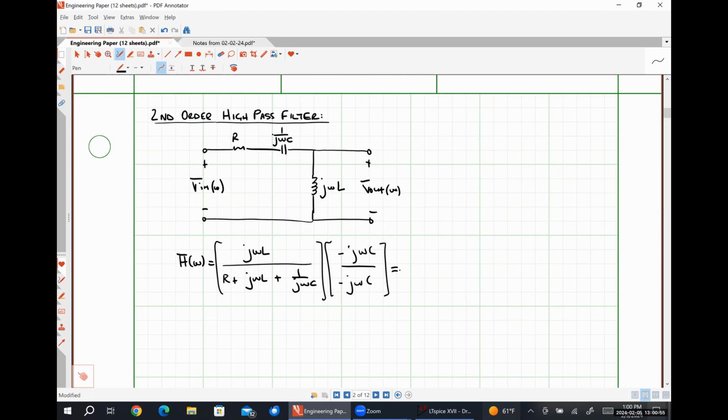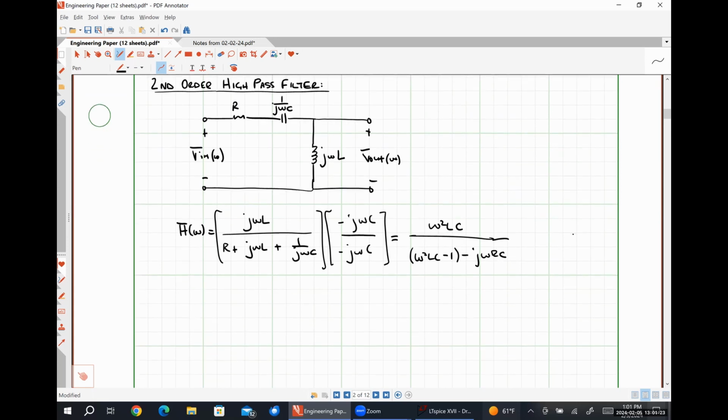So that's going to give me omega squared LC up here, and then I'll have omega squared LC minus 1 minus j omega RC. So it looks pretty darn similar to what we saw for our low pass filter, except that we've got a sign change, and instead of having 1 in the numerator, we've got this omega squared LC.